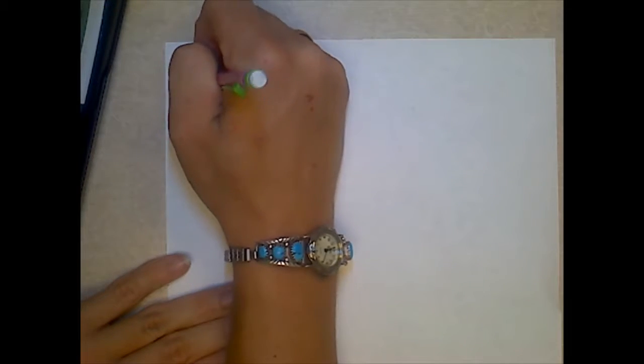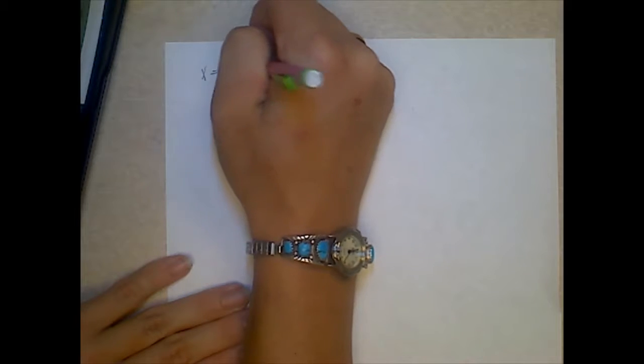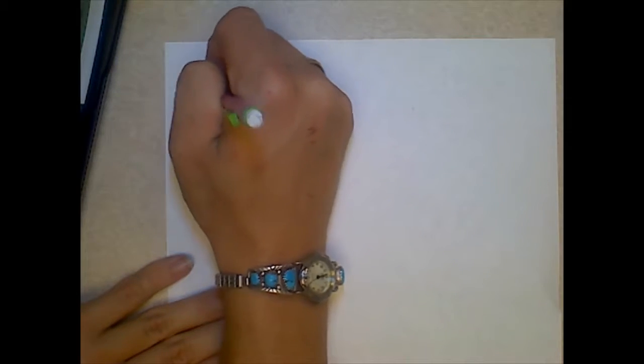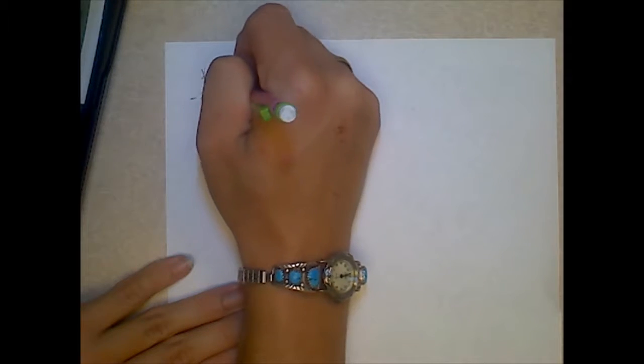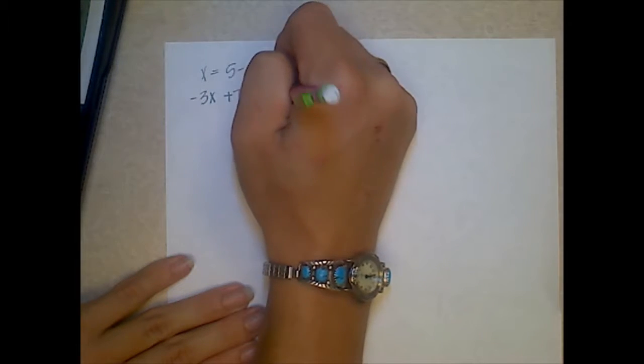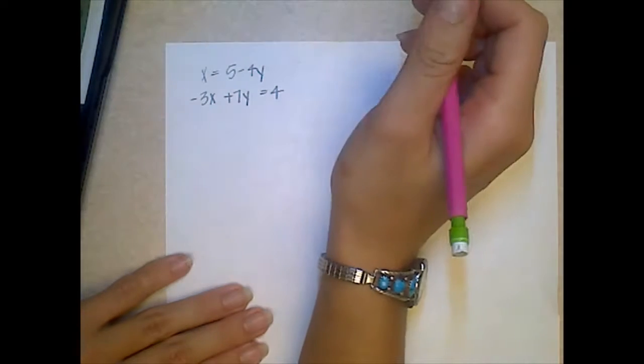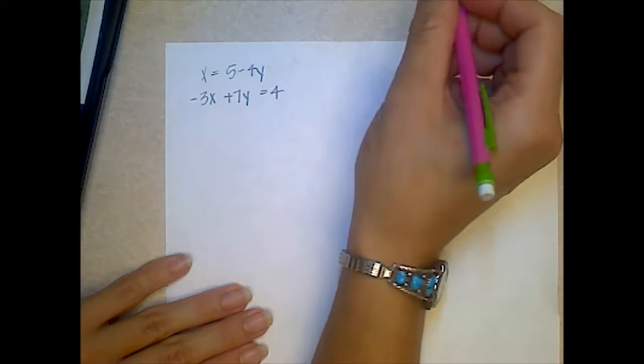So the first one says x equals 5 minus 4y. The second one says negative 3x plus 7y equals 4. Okay? Now, she said you can use substitution or you can use addition.